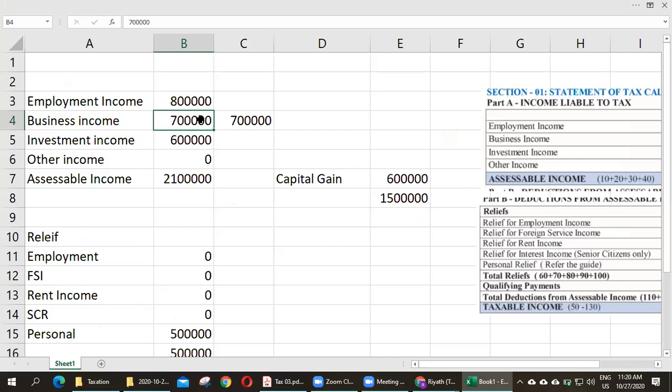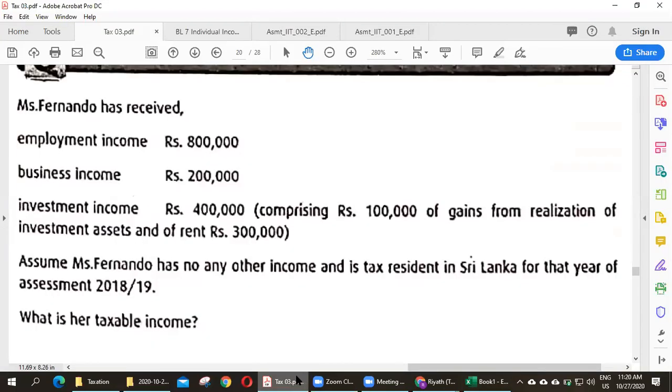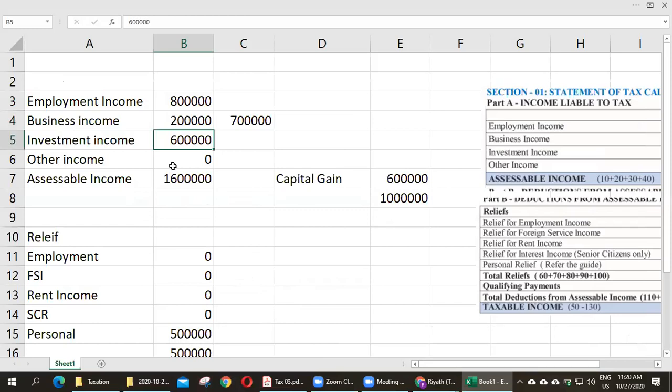It's 200,000. Investment income 400,000. There's no other income, therefore total assessable income equals 1.4 million, right?